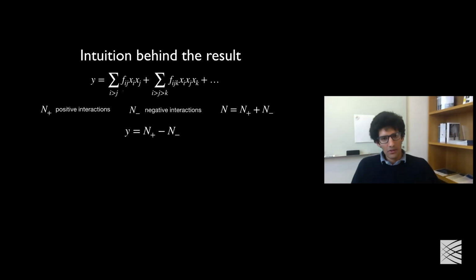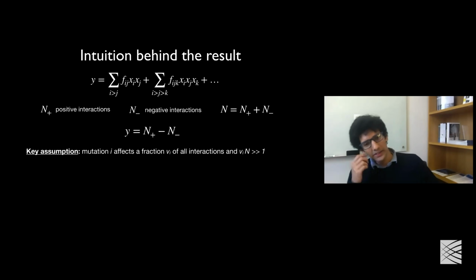So if you look at a particular genotype, the fitness for that genotype has some n plus positive interactions and some negative interactions. And so you have some total number of non-zero terms over here. The fitness is simply the difference of the number of positive interactions and the number of negative interactions.